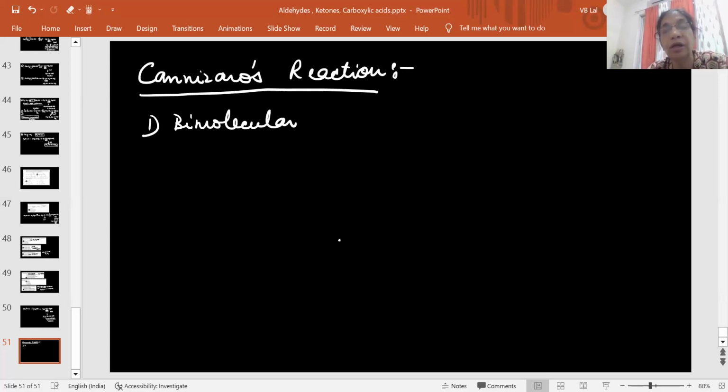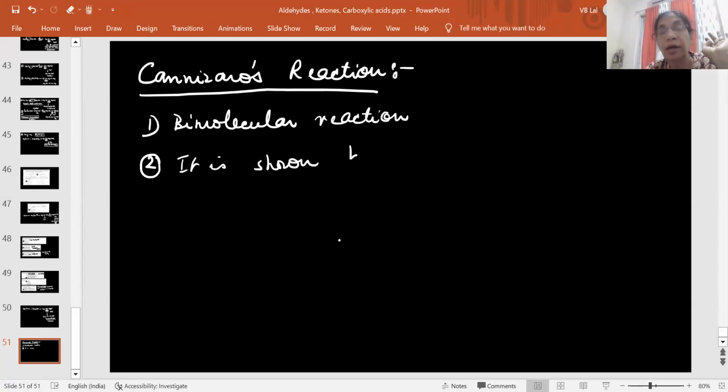Bimolecular reaction means two molecules of the substrate are required to take part in this reaction. Second, it is shown only by aldehydes. Ketones don't show this reaction, only aldehydes.